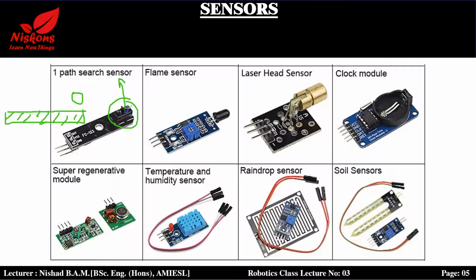After the signal is emitted, if we have an object here, after the radiation touches the line, it will be reflected to this one. So this is called a transmitter. This is called a receiver, right? So we have two components inside the sensor. After it is reflected, the device will sense it, right?